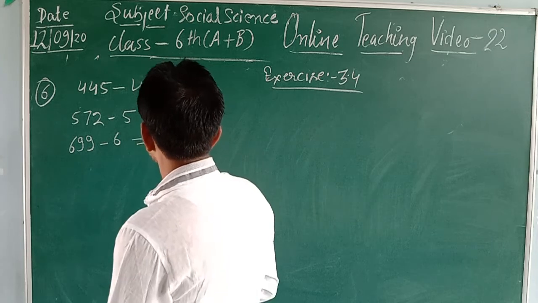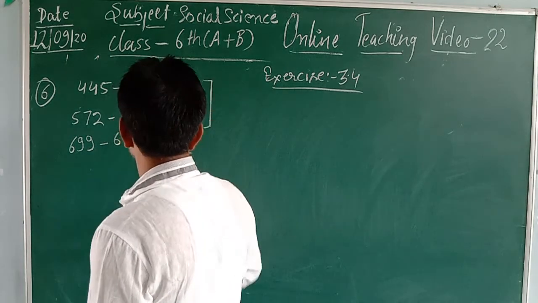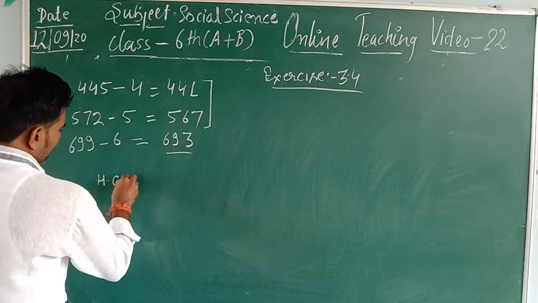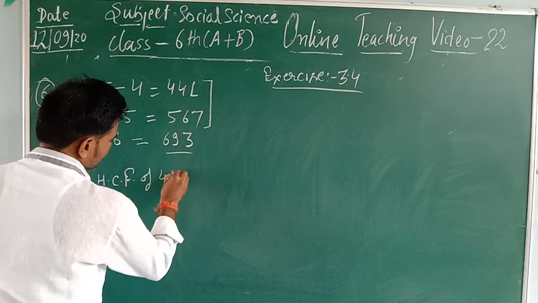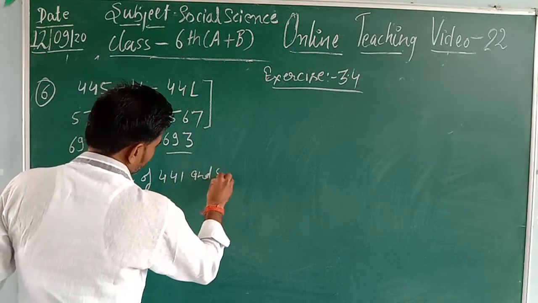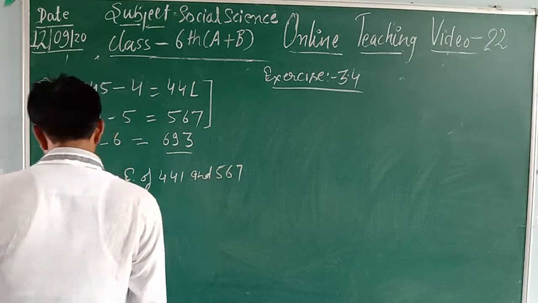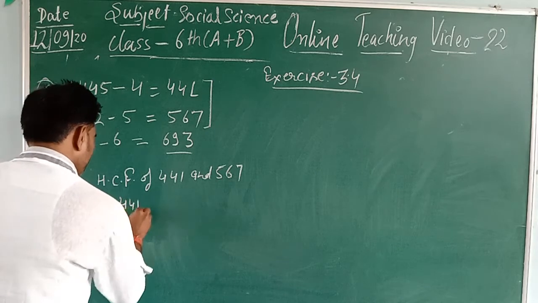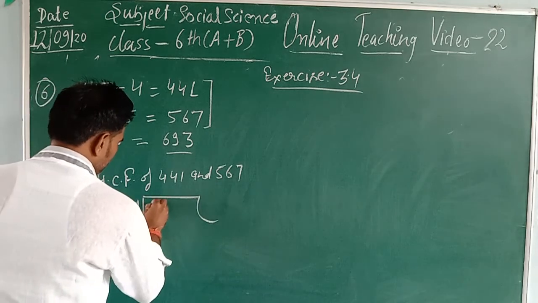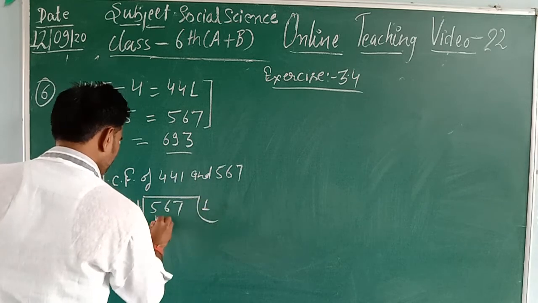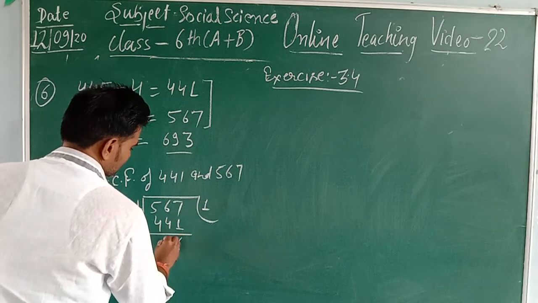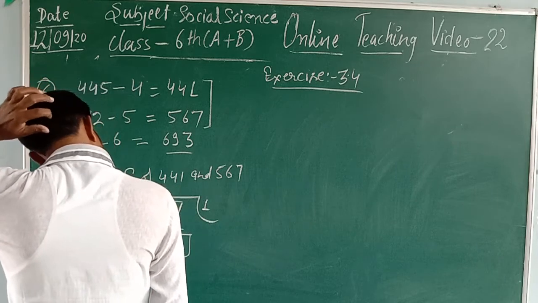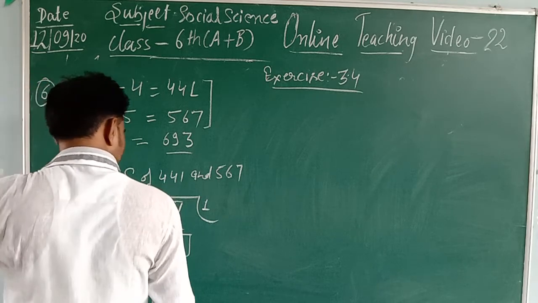In these numbers, first of all we will take two numbers, 441 and 567, and find the HCF. Since 441 is less than 567, we divide 567 by 441. 441 times 1 is 441, remainder 126.